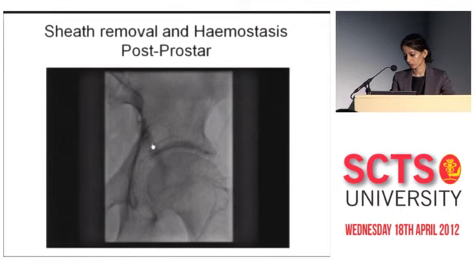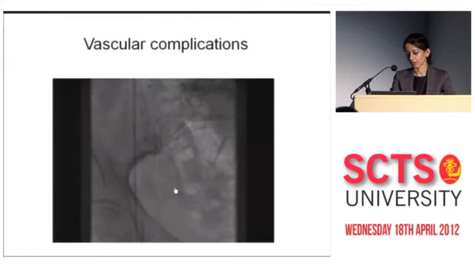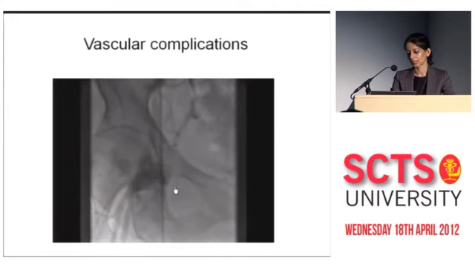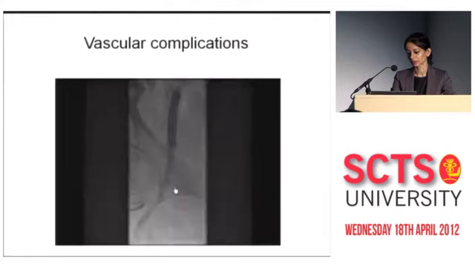So this is post-Prostar, and you can see this is the point at which the sutures have been tightened after the sheath has been removed. These are some examples of complications that we can encounter. Sometimes they can be treated simply with a relatively conservative method of balloon tamponade.